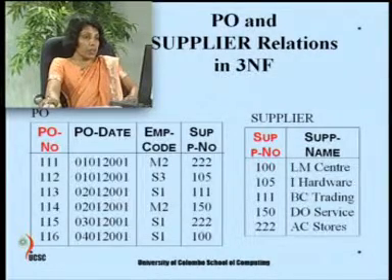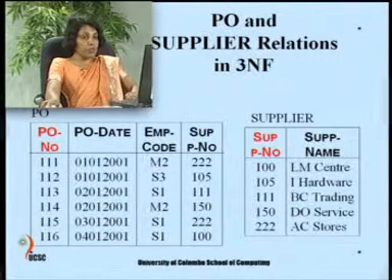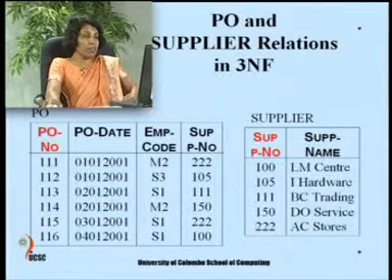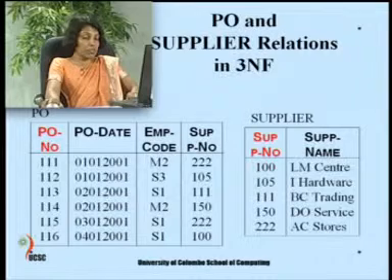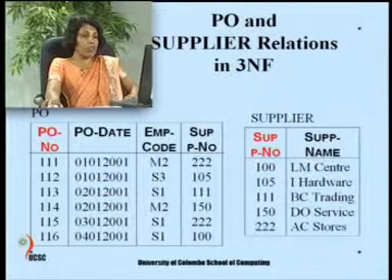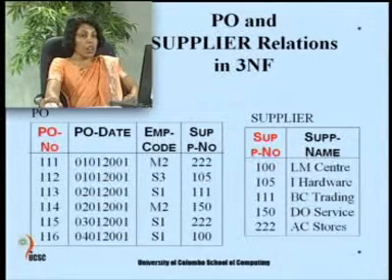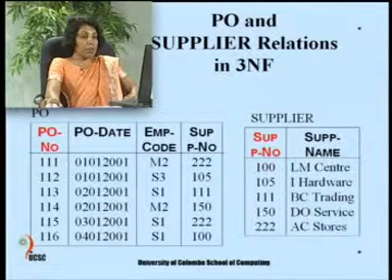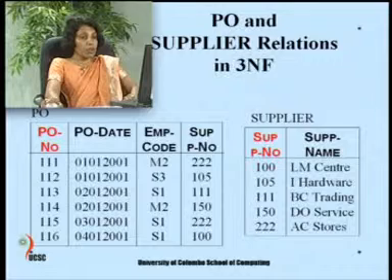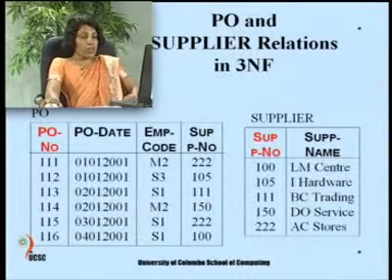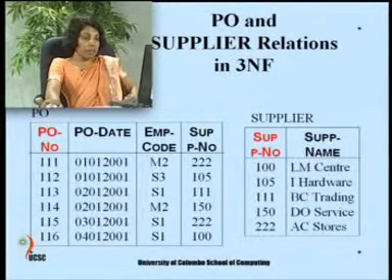Now, here you can see that purchase order has been decomposed into two relations, supplier and purchase order, and based on the actions that I described before, you can see that earlier supplier name was a non-key field and supplier number was a non-key field, and now we have taken supplier name out from the purchase order relation and we have associated that with supplier number, which was a non-key field in purchase order, and for this we have created a new relation called supplier, and for that new relation supplier we have determined the primary key as the supplier number.